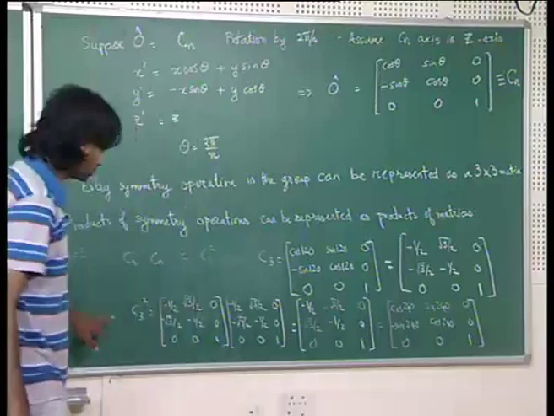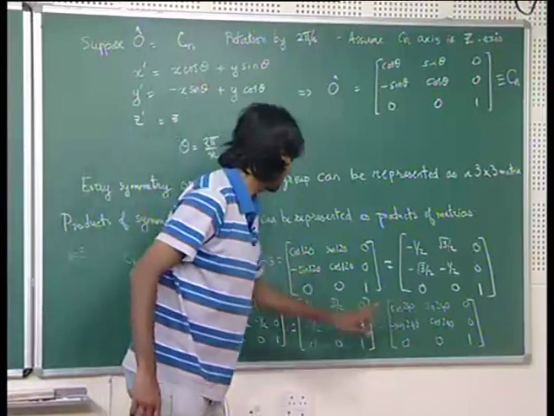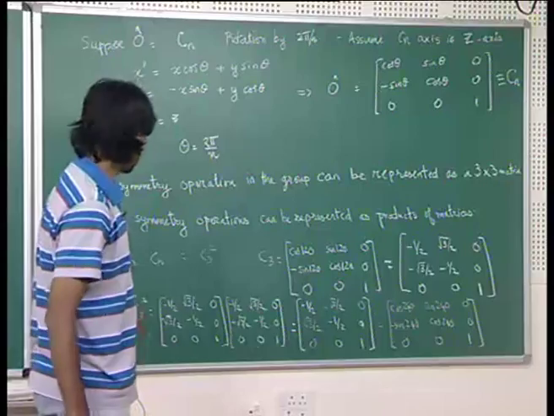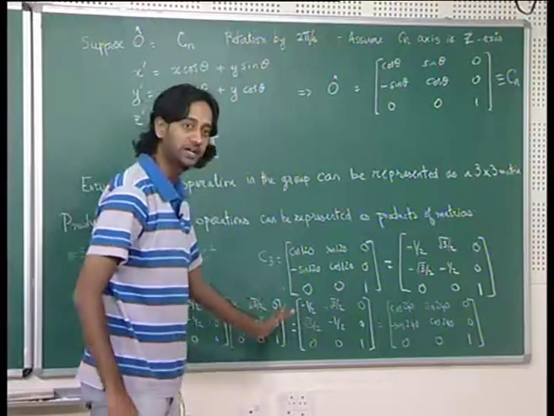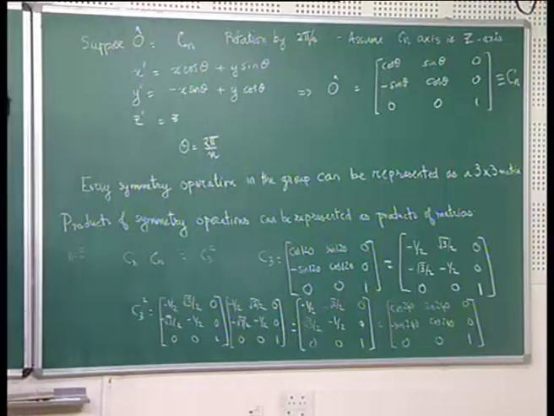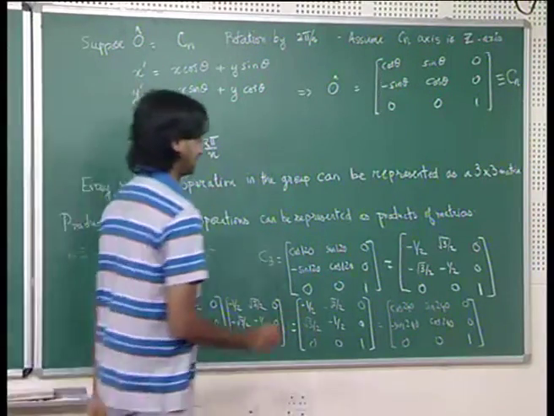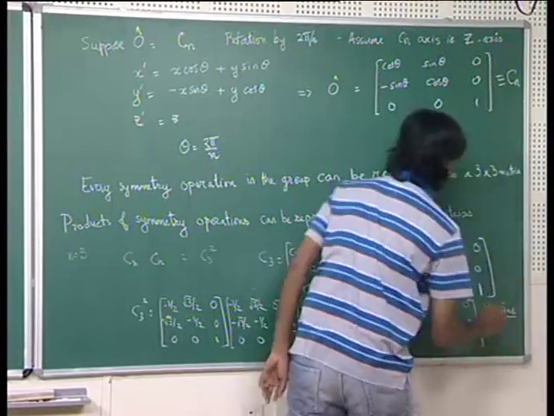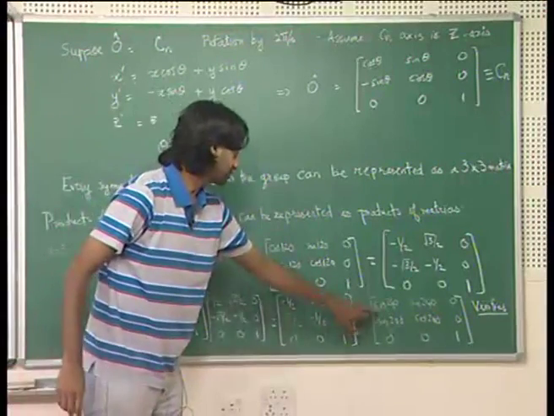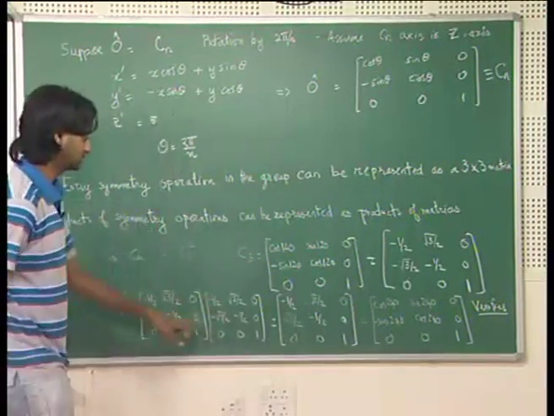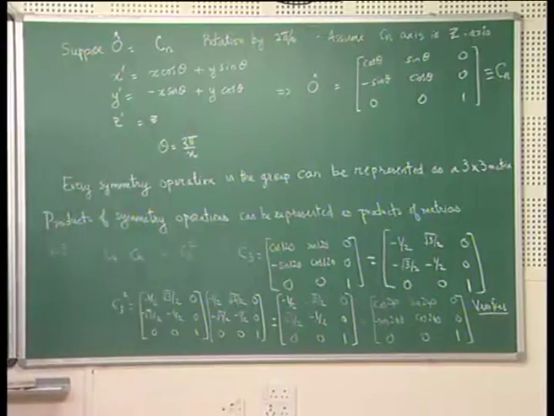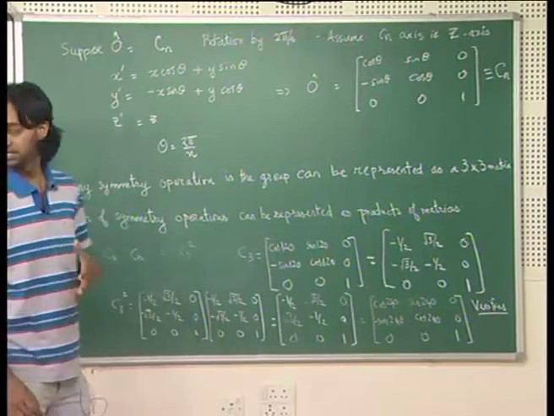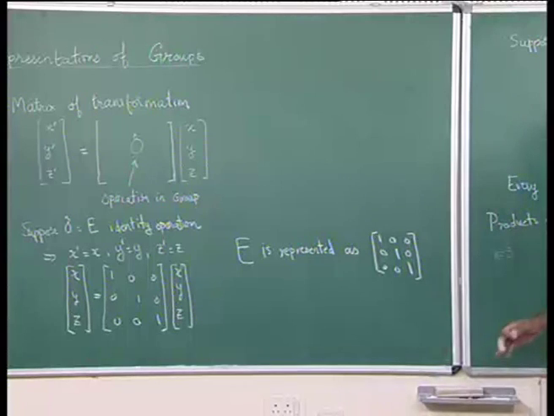So, what it means is that this is nothing but the matrix representation of C3 square, and so this matrix product is a valid way of doing the matrix representation. So, this verifies that this is a representation of C3 square. What we notice is that this matrix representation preserves the products. So, this is a valid representation.